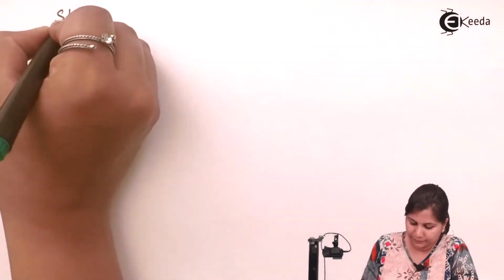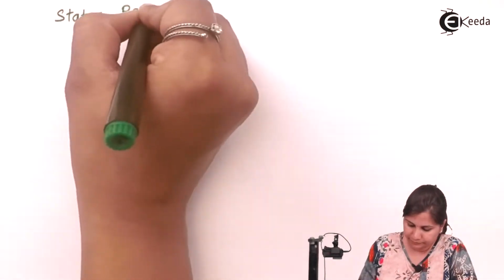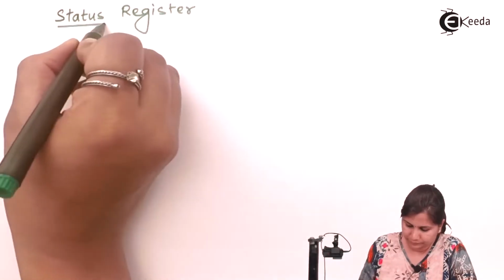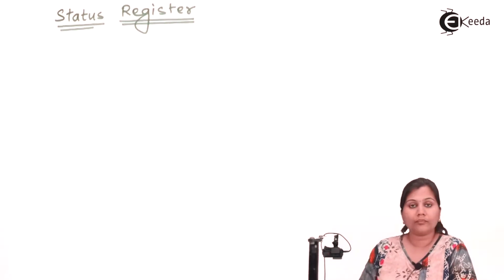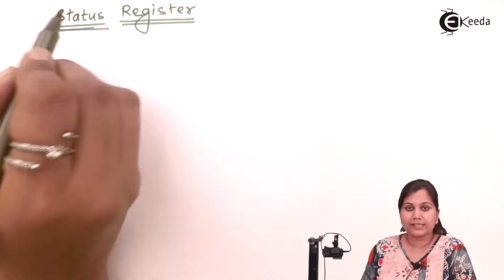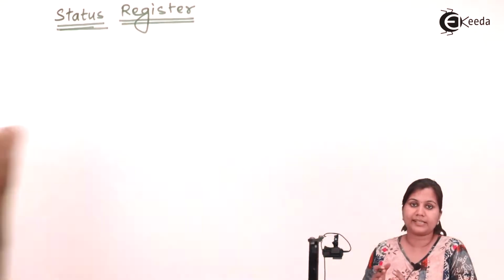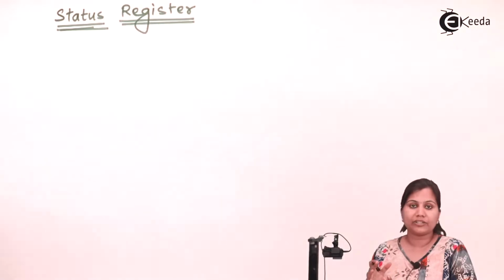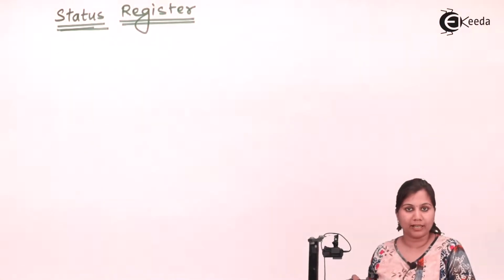As I said, the control unit has three main parts: control word, status word, and the data buffer. So we will study these registers. First we will start with the status register. The status register is a 16-bit register. 16 bits are there, and each bit has some specific function.